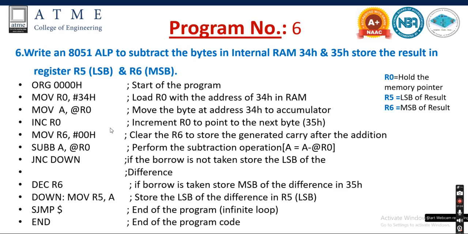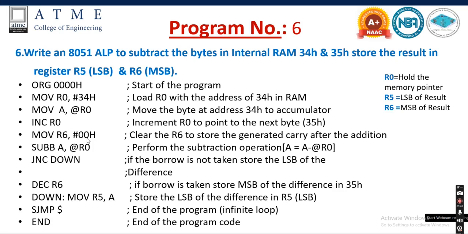The logic of this program is the same as the previous addition program. The only difference is that instead of add, you use subtraction, and instead of incrementing the counter register, you decrement.